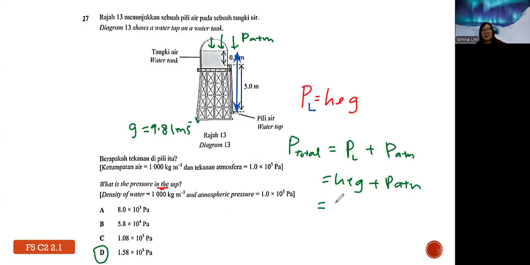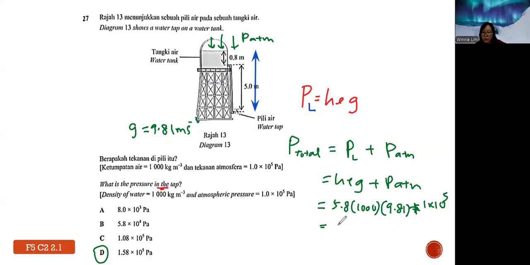So we should substitute. In this context, the depth of the liquid is 5 plus 0.8, so I have 5.8. The density is 1000, g is supposed to be 9.81, and the atmospheric pressure is 1 times 10 to the power of 5.